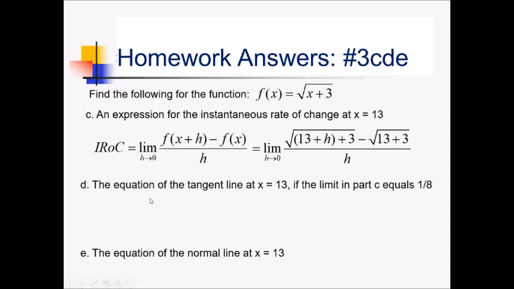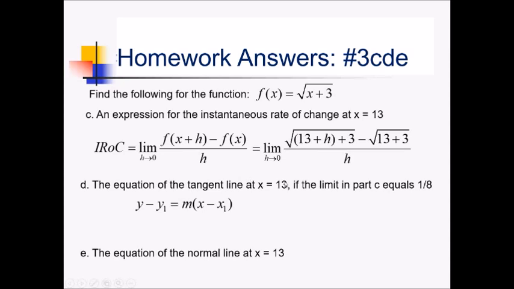Next part, for this one, the equation of the tangent line they want at x equals 13, if the limit in part C, that's this part here, has a value of 1/8. So they didn't ask us to evaluate this at this point, but they did give us the value. So to write the equation of a tangent line, we'll rely on point slope, y minus y1 equals m times x minus x1. And for the y1 value, that's just going to be the y value when x is 13.